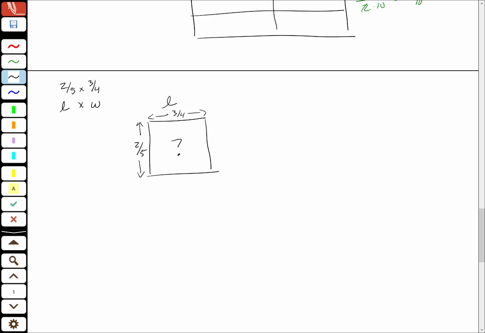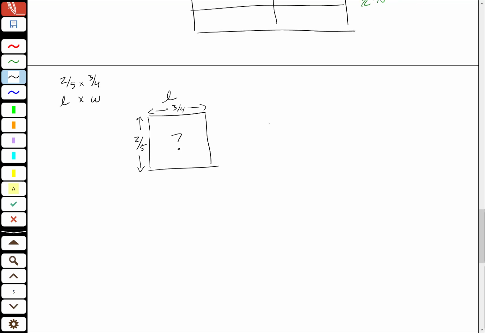So but it's really hard to figure out what that is. It doesn't rely on whole number mathematics. I would have to know the answer to that problem in order to figure out what it is. So I want to use whole number mathematics to figure this out.